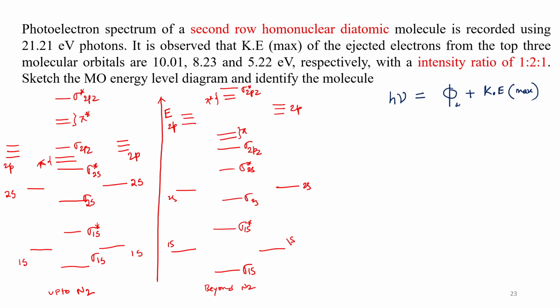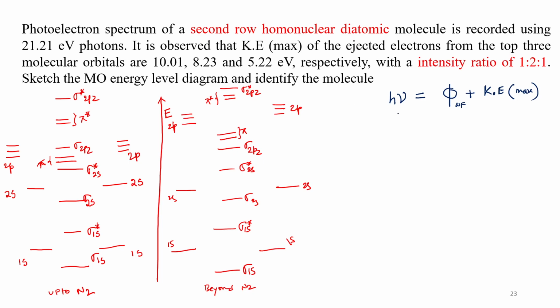This is the energy of the photon, and the intensity ratio is 1:2:1, from the top occupied MOs.